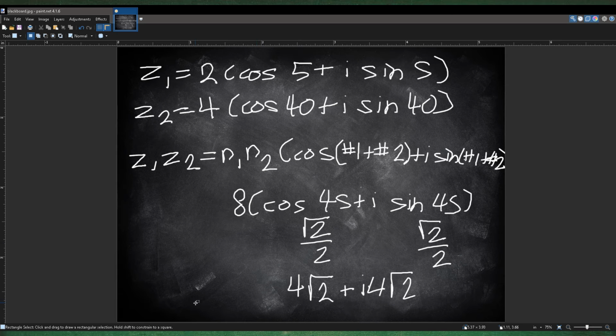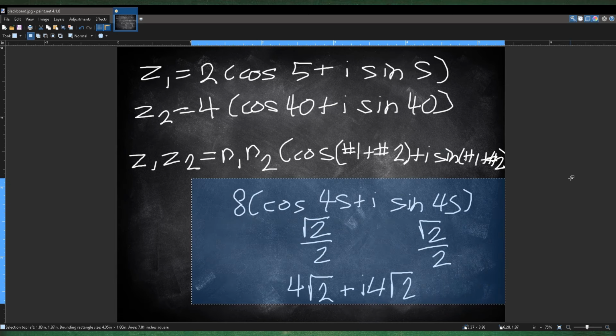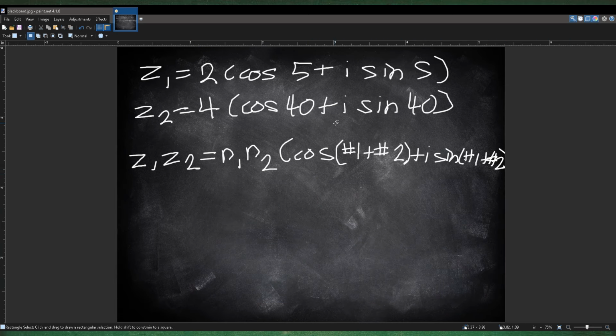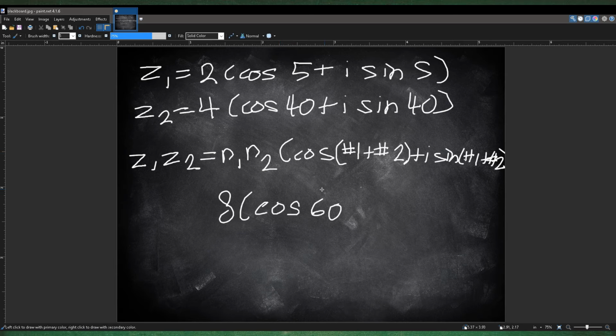And this works for anything. This is the general form. So let's say instead of 5, we say this is 20. So if this was cosine of 20 plus i sine of 20, we have z1 times z2, which is now 8, and then the angles 20 and 40 add to make cosine of 60 plus i sine of 60, using the general idea right here.